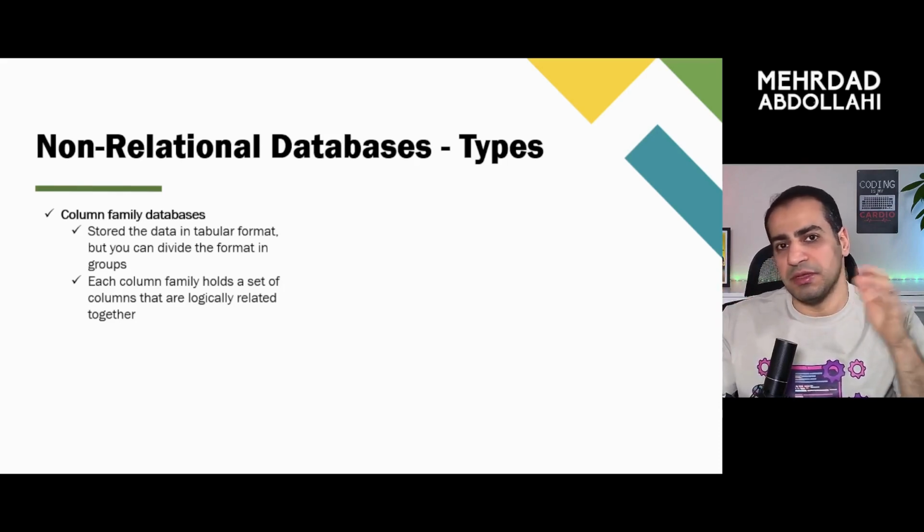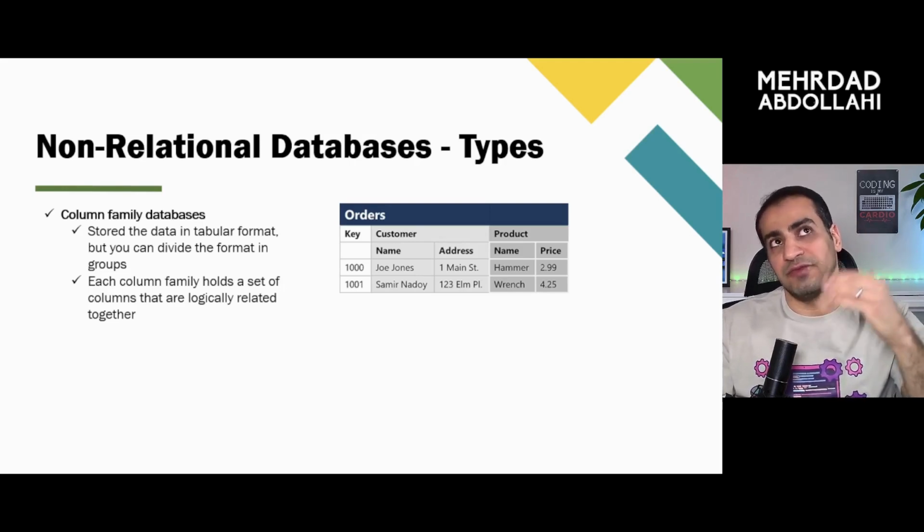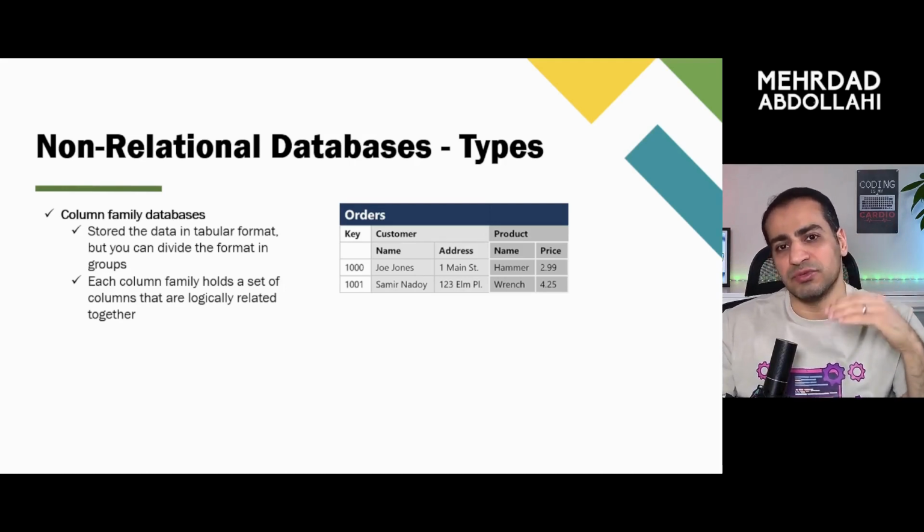As an example, we can say we have a list of orders and we have a group of column family like customers, and underneath customers we have a group of columns for name and address.